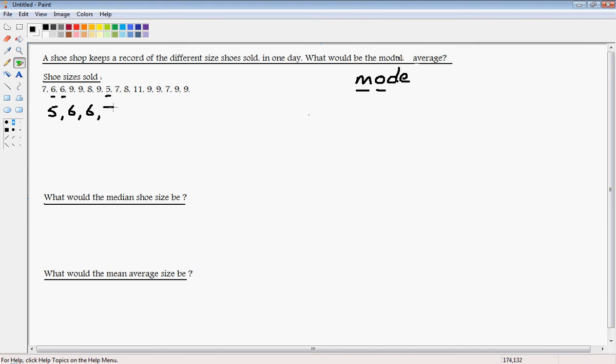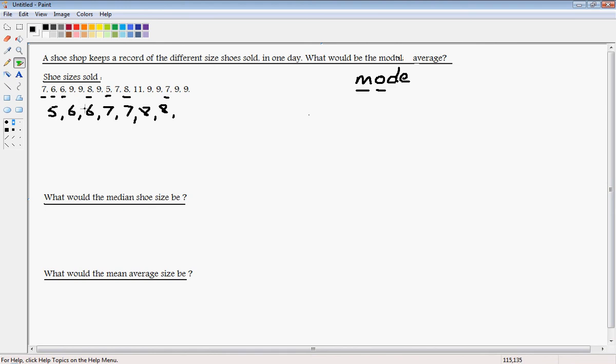So then 7's, we have a 7 here, and we have a 7 here. Now there doesn't appear to be any more 7's, so I have 8, which is here. I have another 8, which is here.